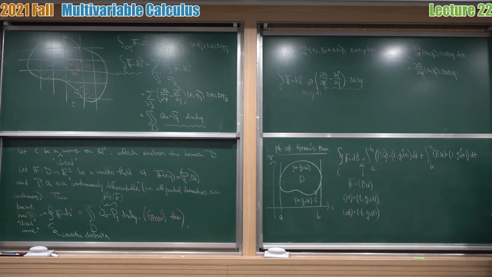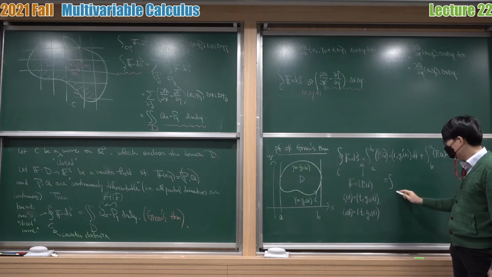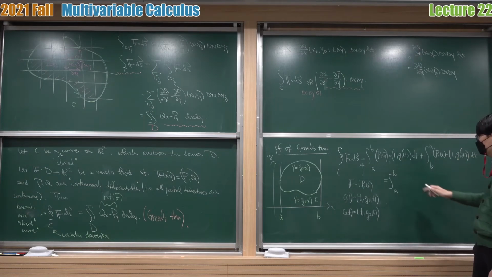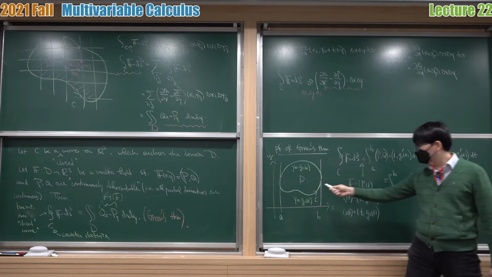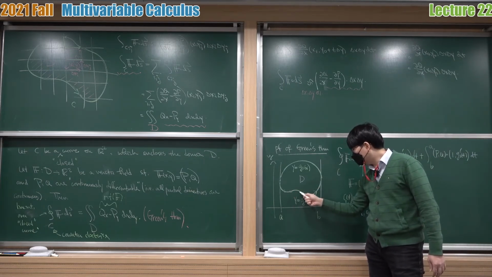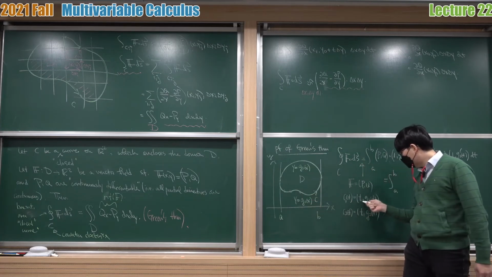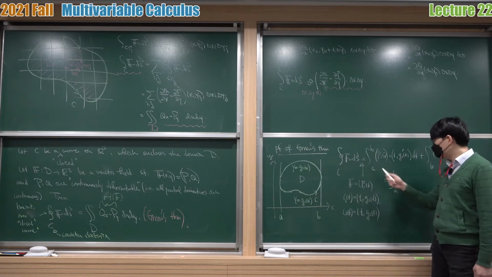Before I combine these two integrations, I have to switch the limits, and then I have a minus sign. So it's going to be the integral from a to b of, first let's look at the first one. These P and Q are evaluated at these points, which follow (t, g1(t)), so I'm going to plug that in.